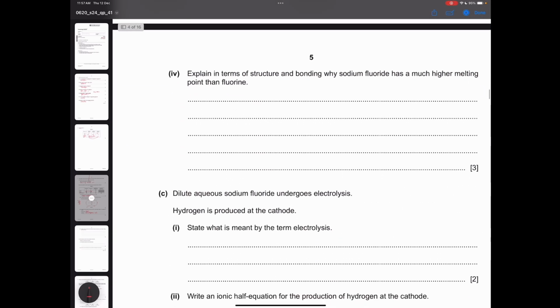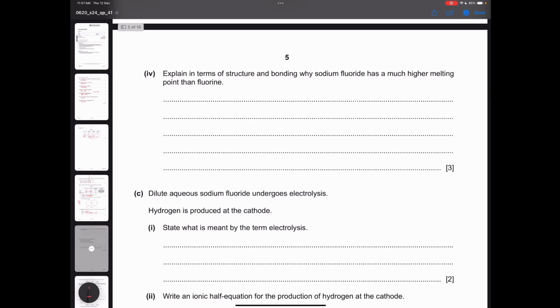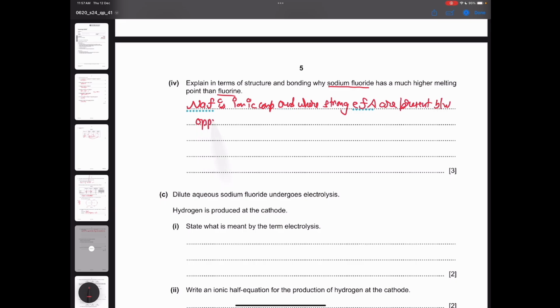Explain in terms of structure and bonding why sodium fluoride has a much higher melting point than fluorine. Now, sodium fluoride is an ionic compound, and fluorine is just a covalent molecule, right? So you can just mention sodium fluoride is an ionic compound where strong electrostatic forces of attraction are present between oppositely charged ions.